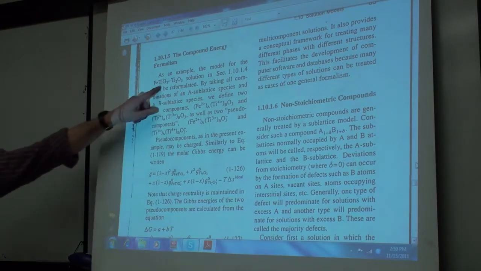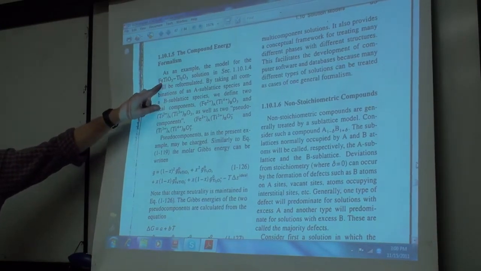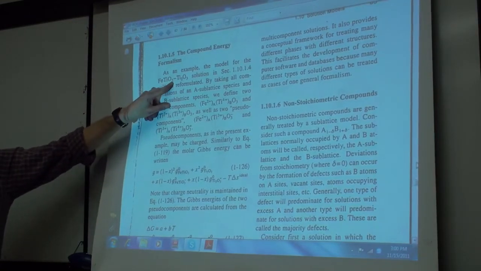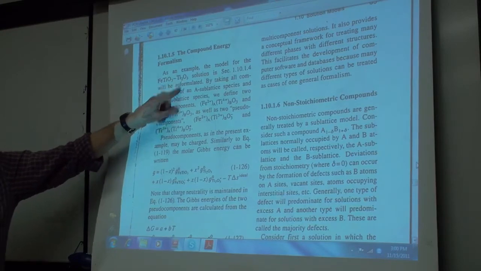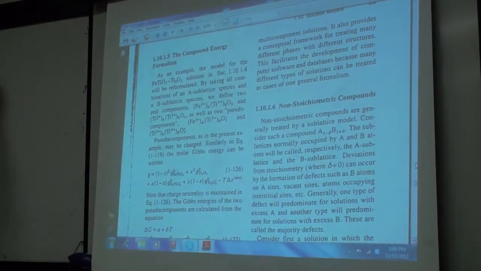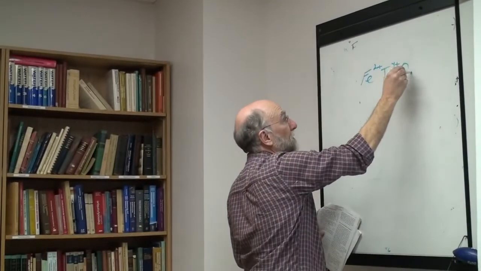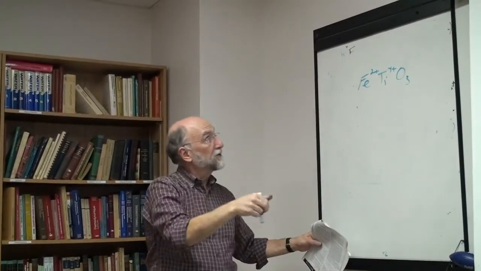FeTiO3, that's titanium 4 plus. So 2 plus iron, 4 plus titanium. That's 6 positive charges, 6 negative charges. FeTiO3 is Fe2+, Ti4+, O3, where you have 2 sublattices. The iron's on one sublattice, the titanium's on another.